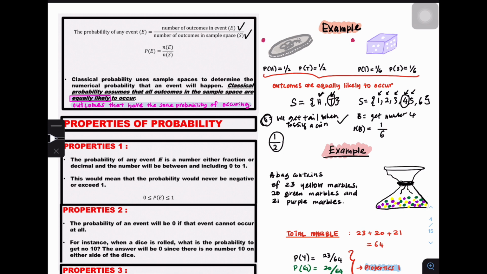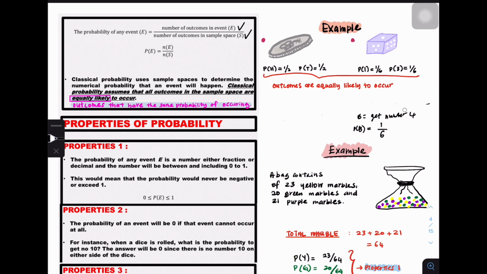Okay, another example. Okay, example lain. Katakanlah kita ada dalam satu kotak tu ada 15 biji bola. Contoh. Okey, dalam kotak kita ada 15 biji bola.